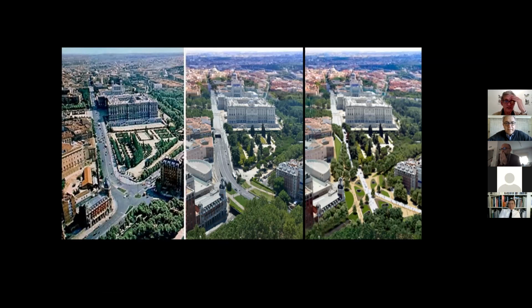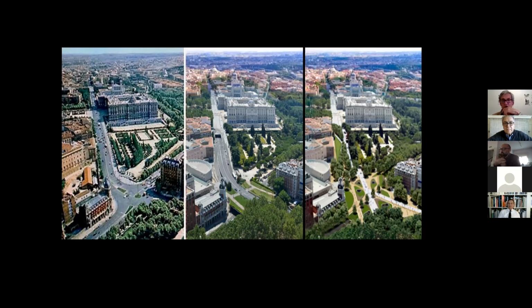This is probably the final image, and we can see the project as a result of linking different areas. On the left, we see the road before the 60s. In the center, we see the highway and a tunnel in front of the Royal Palace.